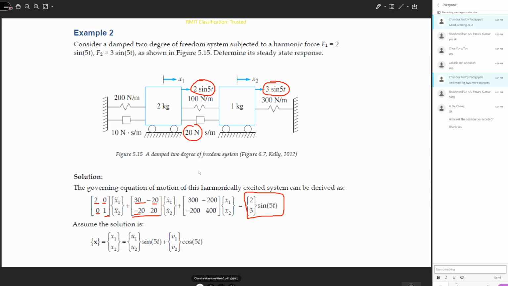Then the stiffness matrix. The first element is K1 plus K2, so 200 plus 100, this will be 300. Then minus K2.